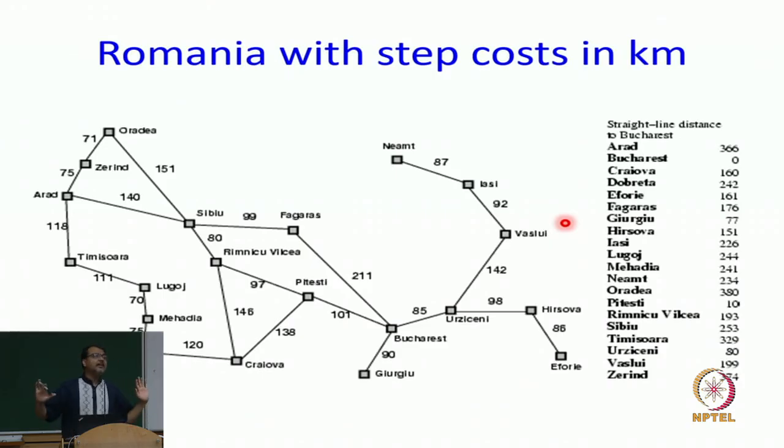What is fundamentally our objective? Our objective is to go from the start state to the goal, not from this state to the goal. This state is somewhere in the middle, but our objective is to go from the start state to the goal.